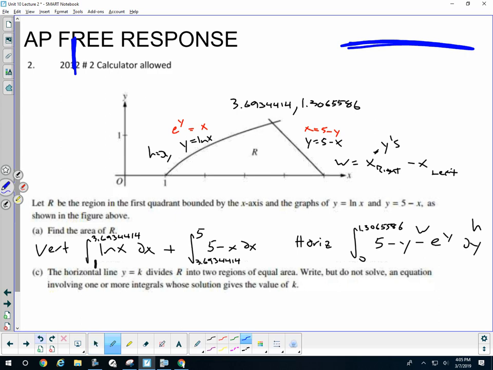Let's try this. We have a horizontal line that splits this into two equal regions. Set up an equation involving an integral, so you don't have to actually find k, that you can use to find the value of k.